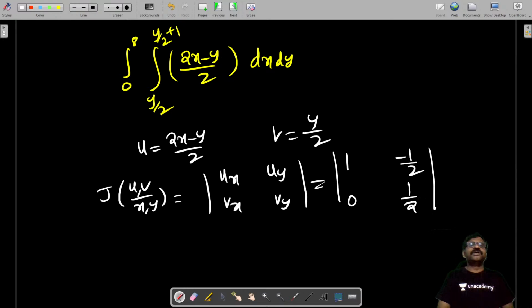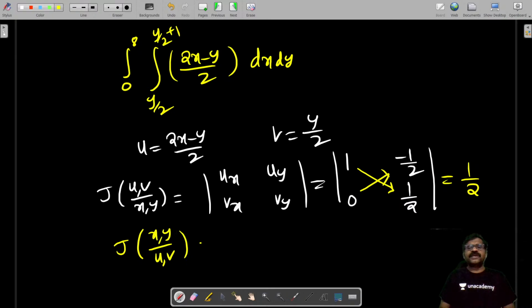If you calculate the determinant value, you will get 1 by 2 minus 0. Finally, 1 by 2. I require the Jacobian of x and y with respect to u and v. That's why I have to take the reciprocal. 1 by 1 by 2, that is 2.